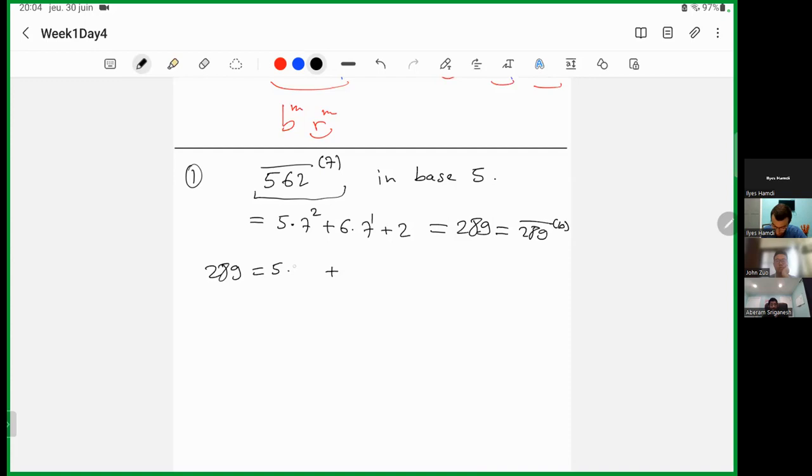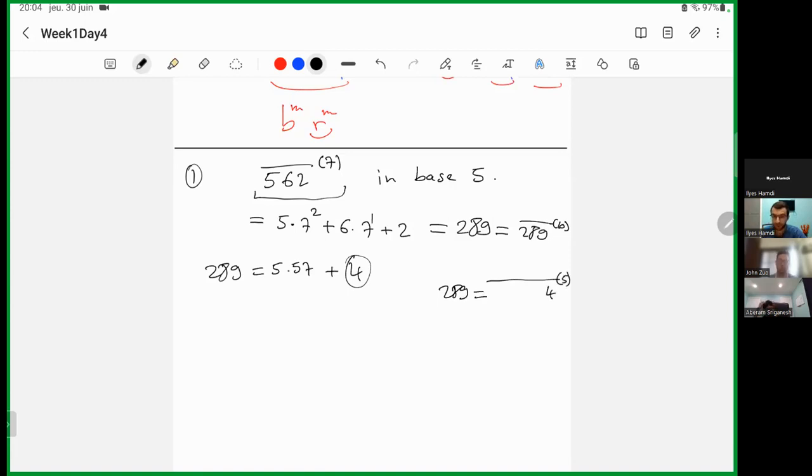I can multiply this by, let me count, 57. Yeah, I think so. And the remainder will be 4. So 4 is my first number. So if I write down the answer here in base 5, my first number will be 4.